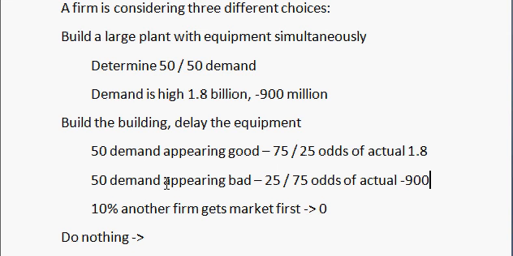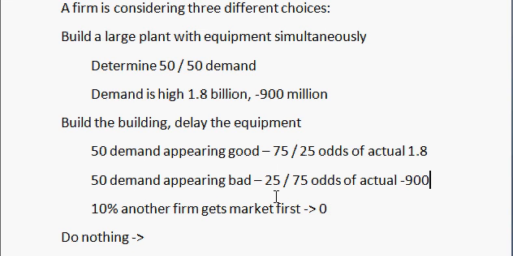The key though is that the decision we still have left to make in this branch is whether to actually build the equipment. We can build the building and then choose not to build the equipment. And that's the same as getting beat to market. So we'll generate no profit if that happens. But that's a choice we can make.